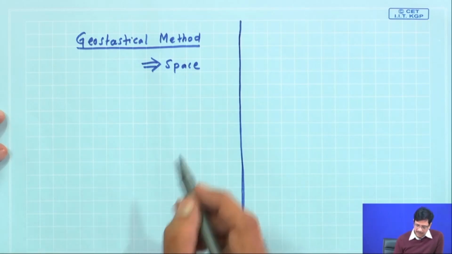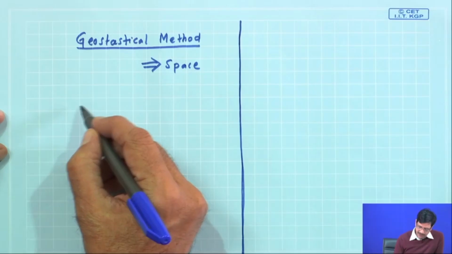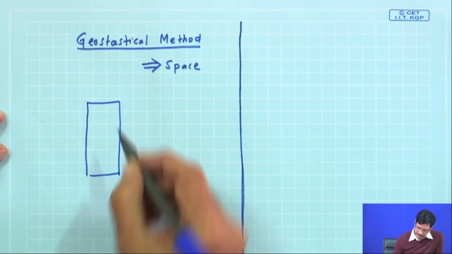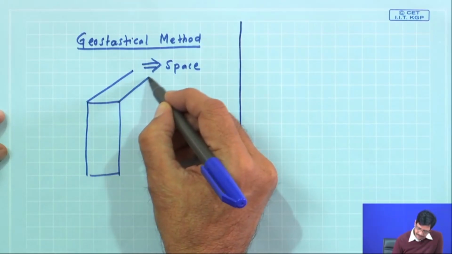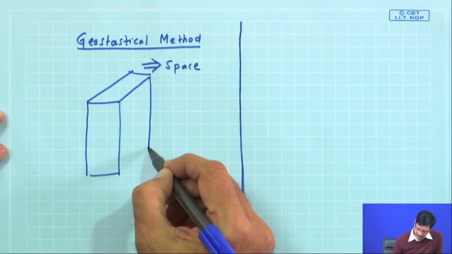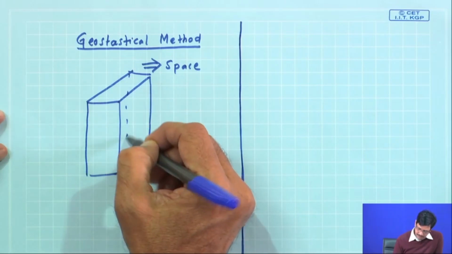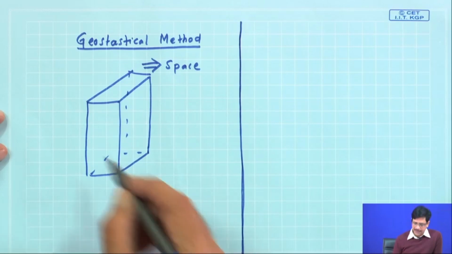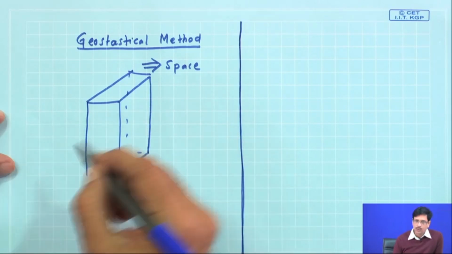Suppose I draw a very simplified cuboid, and let us say it represents an ore body.